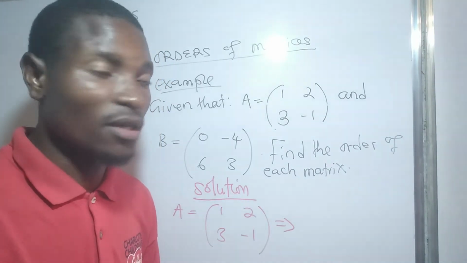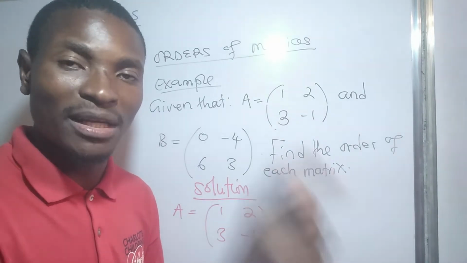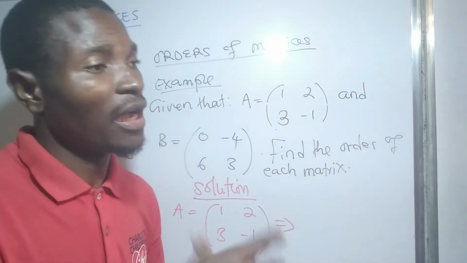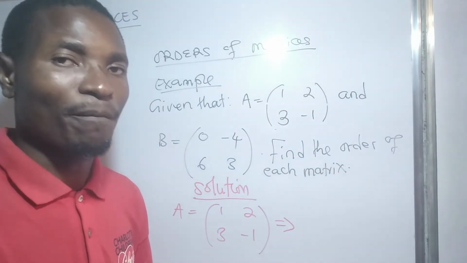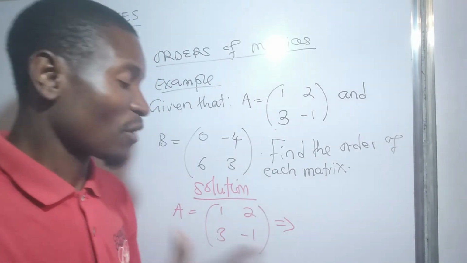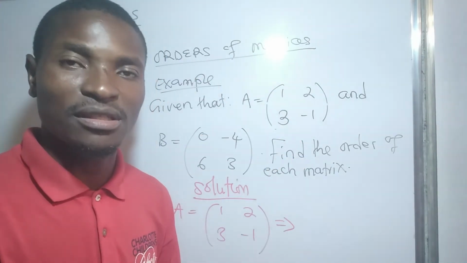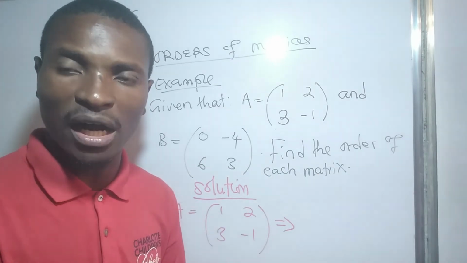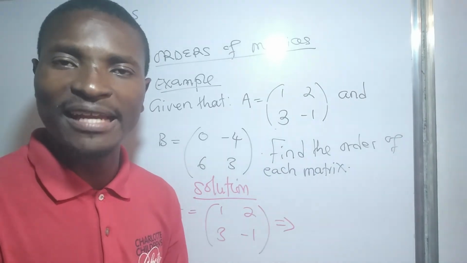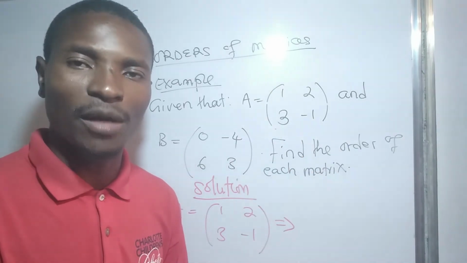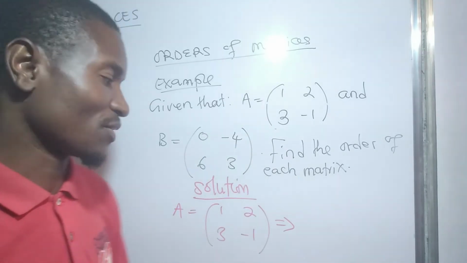Meaning you count how many elements make up the rows, and how many elements make up a column. You always begin by counting the number of rows, and then you end by counting how many columns you have in the matrix.